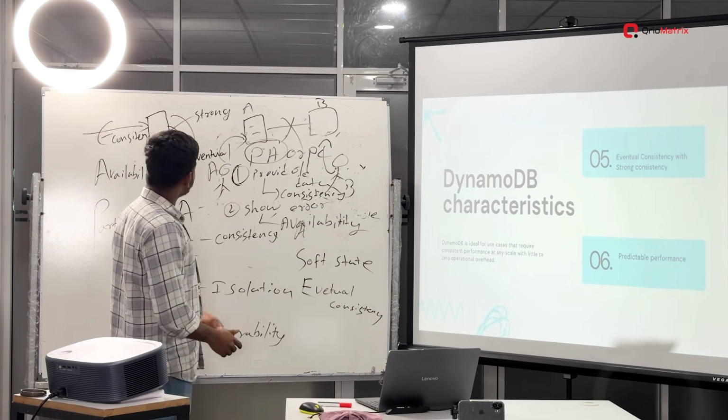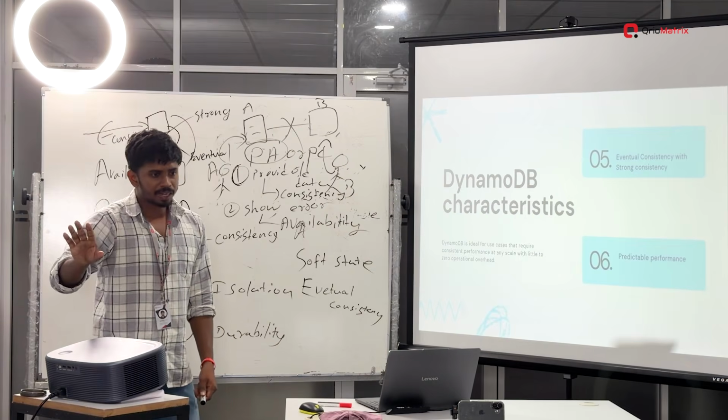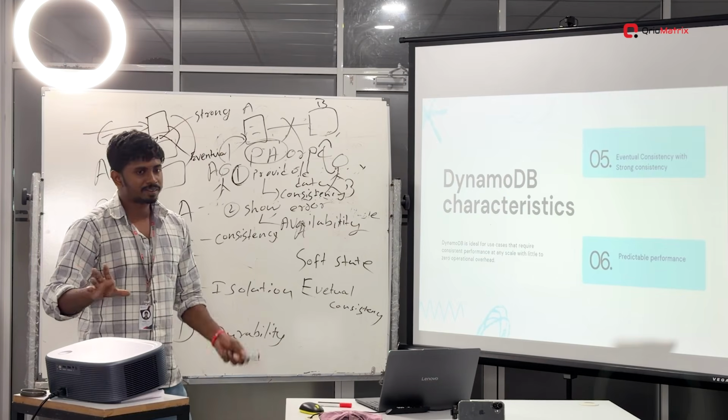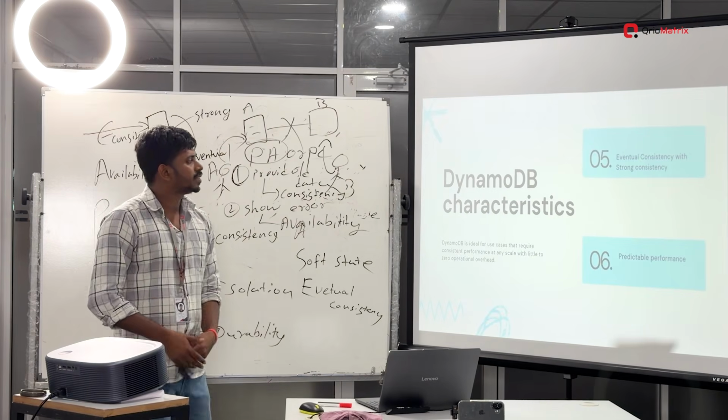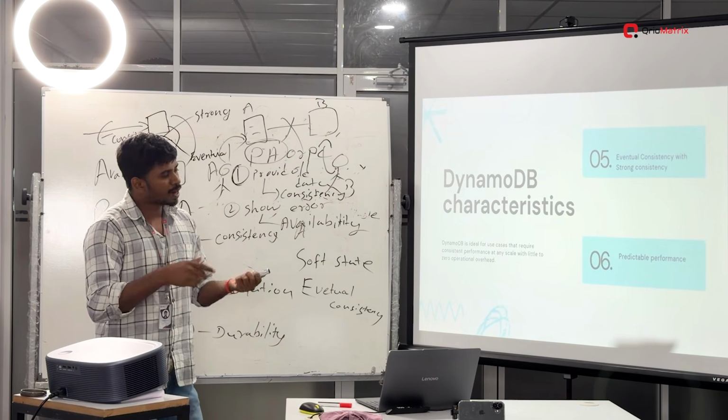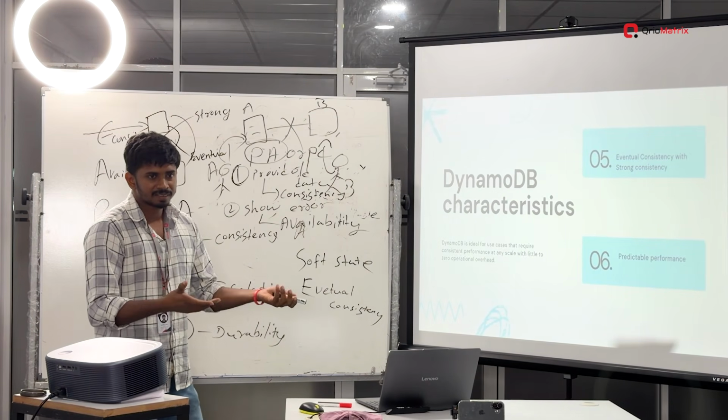But eventual means you will get the same data, but after some time. Those data will be consistent, but it can take a little bit of time. In DynamoDB, it can take like 1-2 milliseconds, but it's not guaranteed. But if you want strong consistency, you can mention it and you can get this.